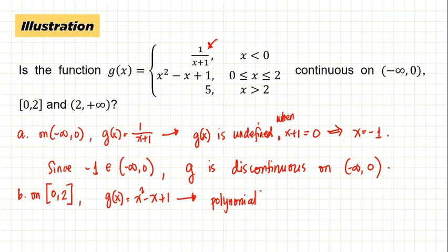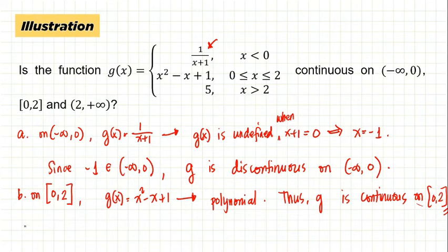And all polynomial functions are continuous everywhere. Thus, g is continuous on 0 to 2. Okay? So it is easy.